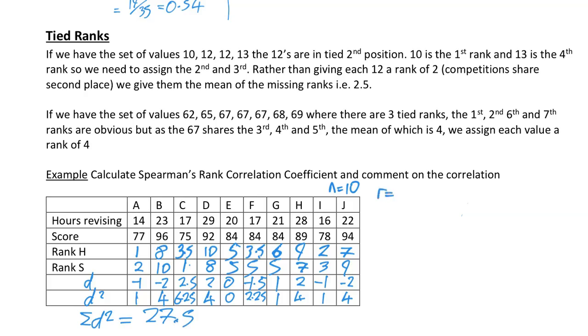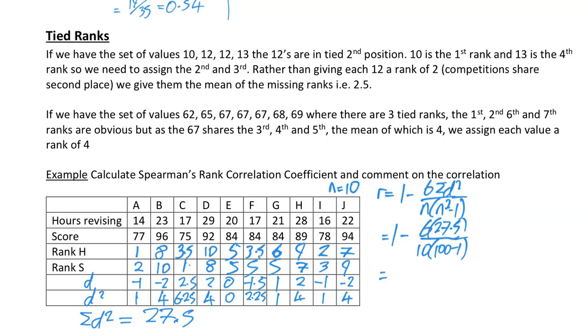So R is equal to 1 minus 6 times sigma D squared divided by n times n squared minus 1. And then if you fire that in, that's going to be 1 minus 6 times 27.5 divided by 10 times 100 minus 1.